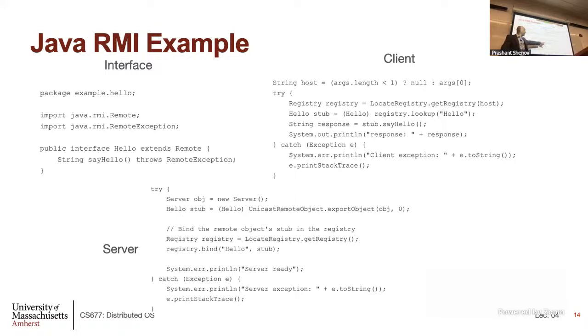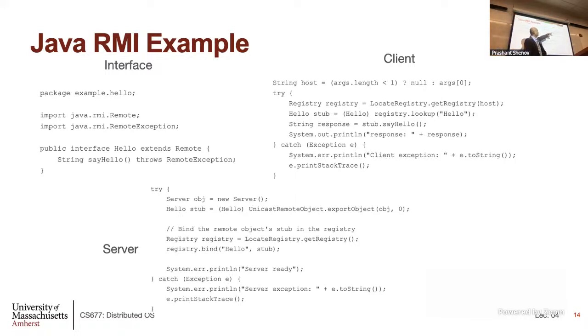You basically get the registry and you register the object with the registry. The code for that object is actually not shown here, but you'll see that it's declared in the interface. So you will see that now you have a hello class that essentially has a say hello method. And that's a remote class, which means that you can call that method remotely over a network. Okay, here's the client code.